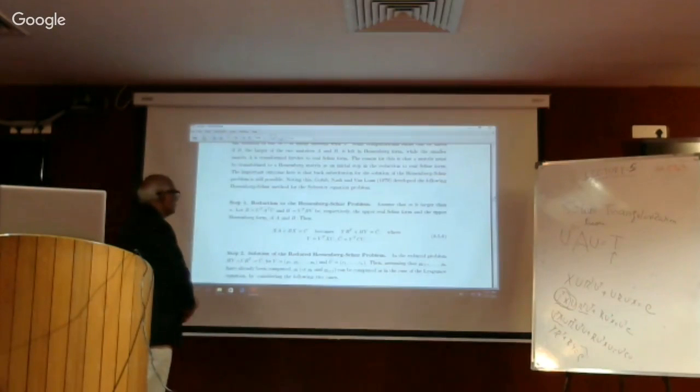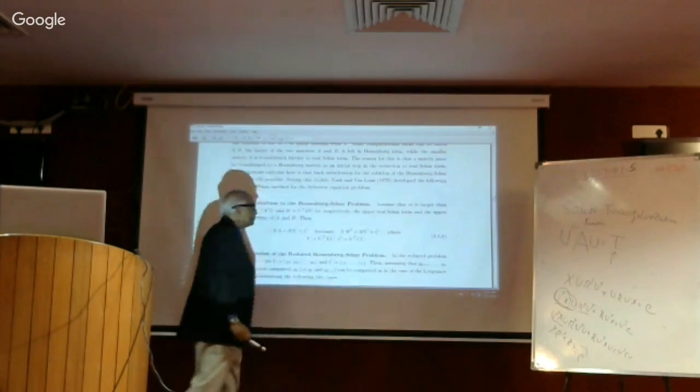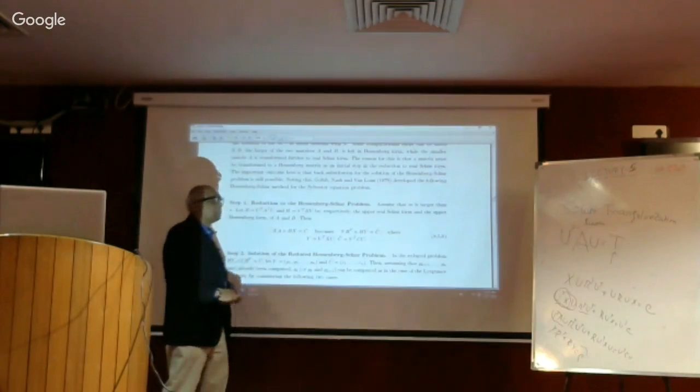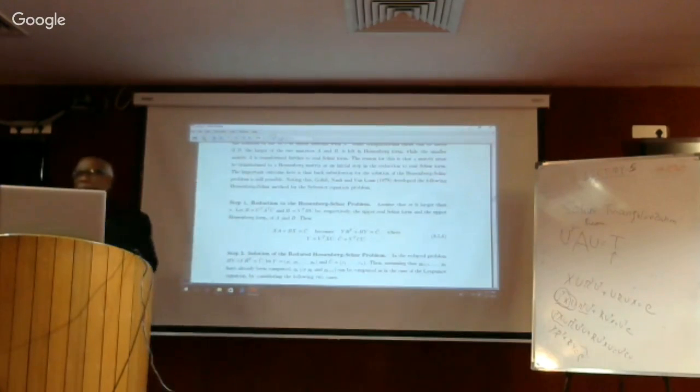So now the problem will be how to solve this matrix equation YR transpose plus HY equal to C hat by taking advantage of the structure of the matrices H and R. R is a real Schur matrix and H is a Hessenberg matrix.